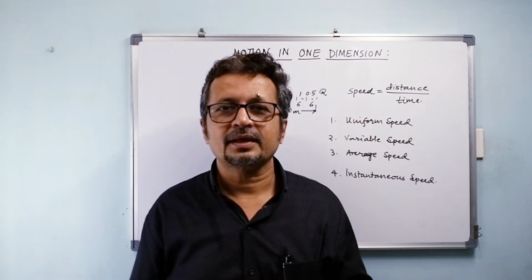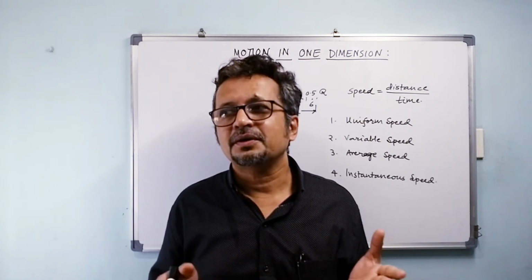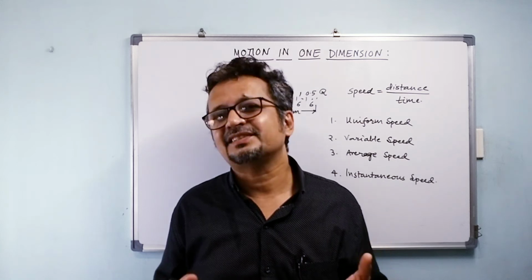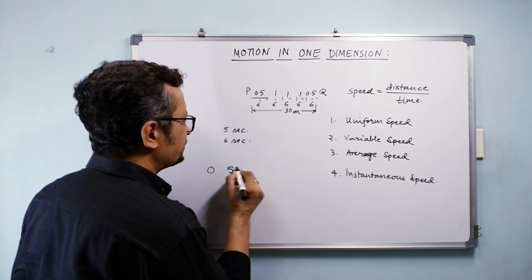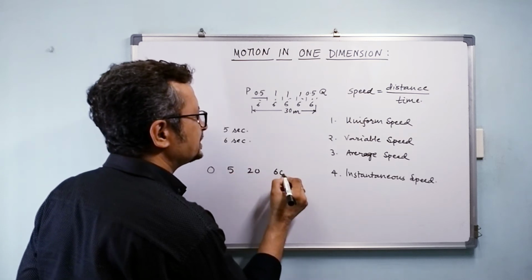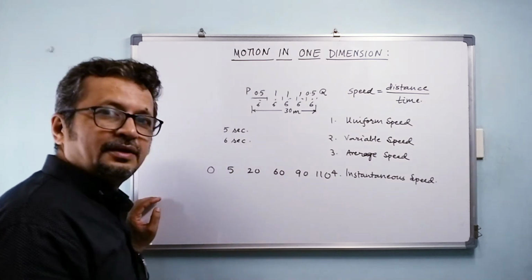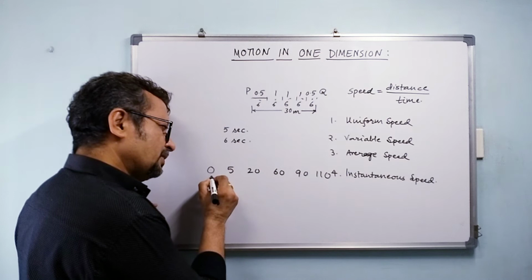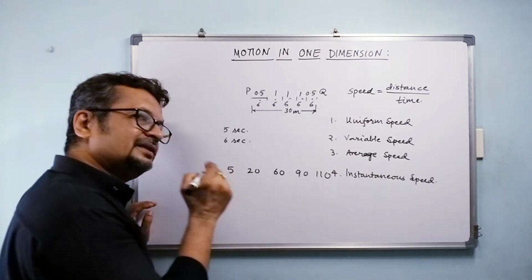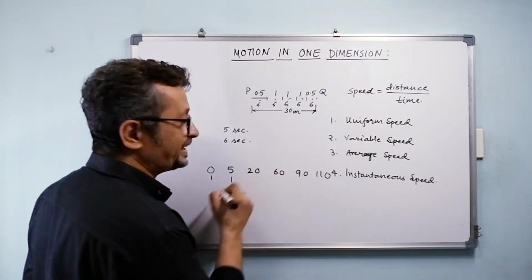My speed at all the instants was different. It was 0, it was 5, it was 20, it was 60, it was 90, it was 110. But from 0 it doesn't become 5 immediately, right? From 5 it doesn't become immediately 10.